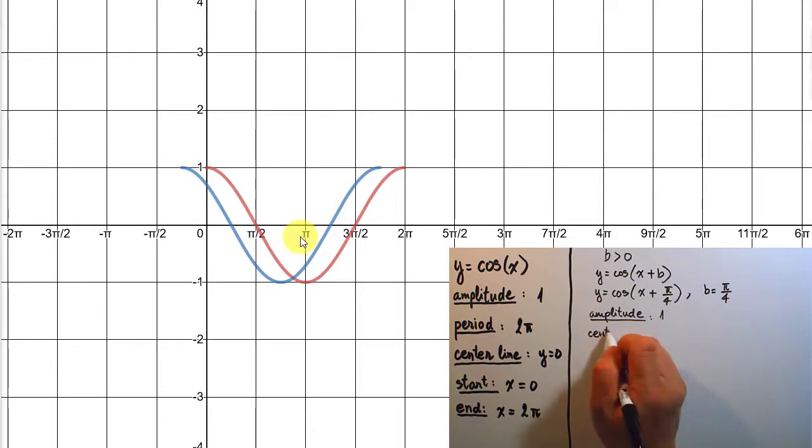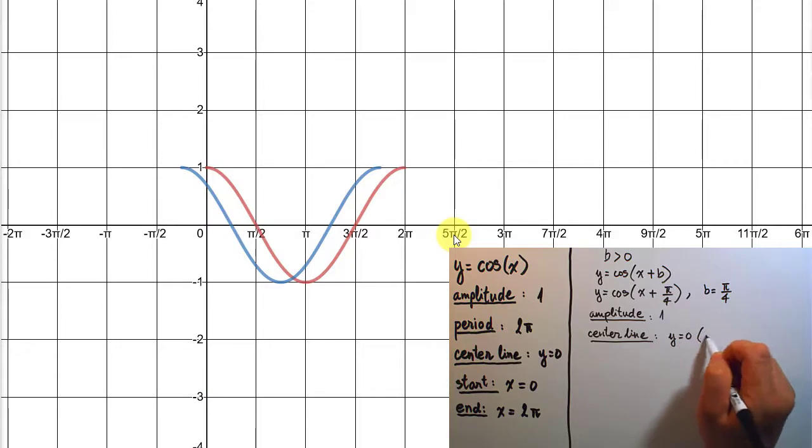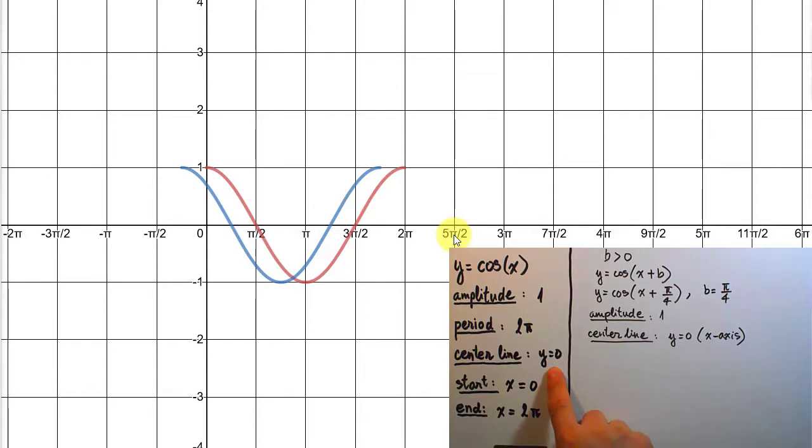The blue graph here has a center line. The center line is right here on the x-axis on my graph. So that center line, once again, is the line y equals 0, namely the x-axis, just like the original cosine of x function. And then for period, my Desmos graphing board is not currently showing the detailed grids that display the start and end of this blue graph.